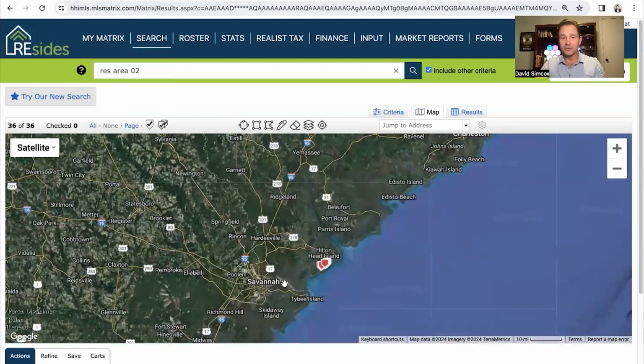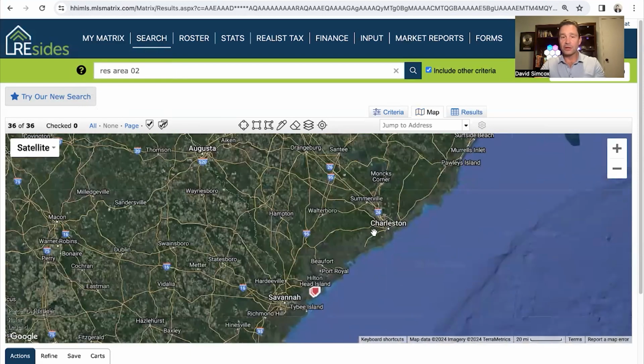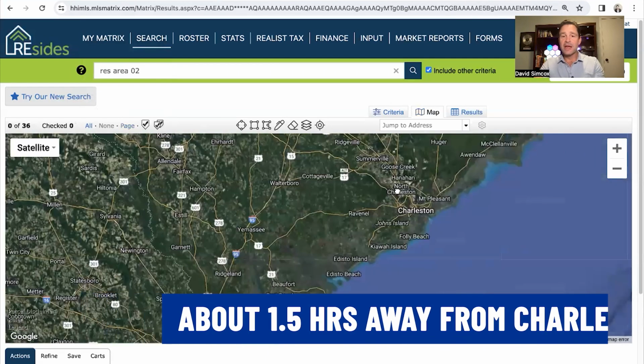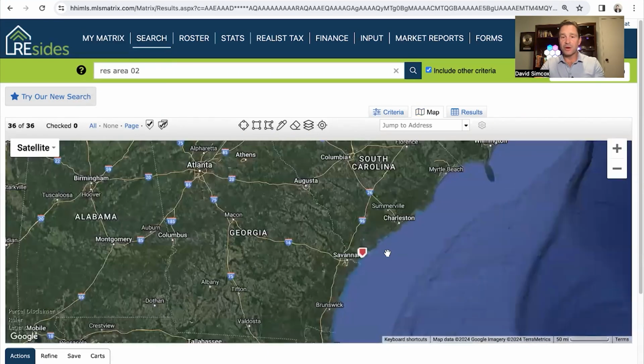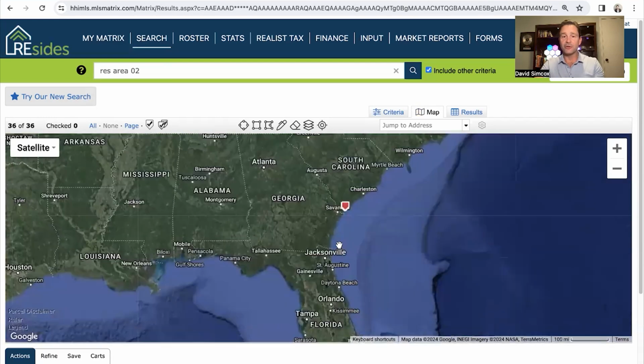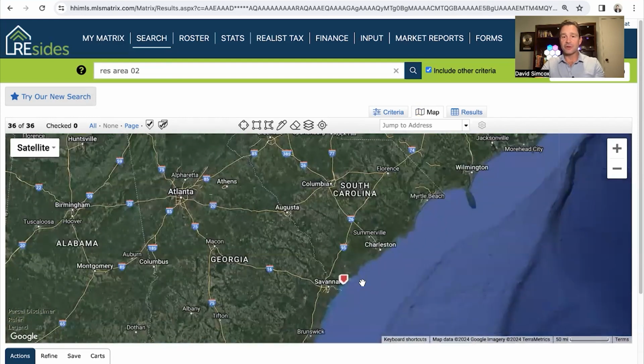And it's right here near Savannah, Georgia. And if I zoom out even more, it is also pretty close, about an hour and a half, 2 hours away from Charleston, South Carolina. And right here, midway down the East Coast before you get down into Georgia and ultimately down into Florida. But you can kind of see where it's at on the coastline here.